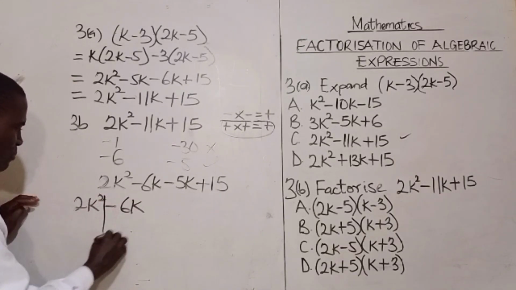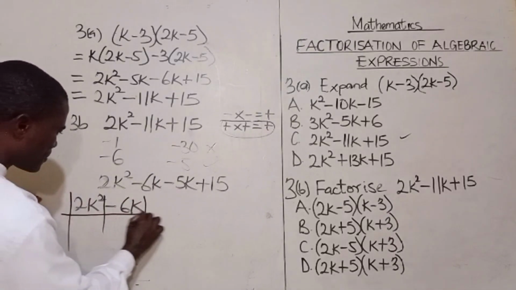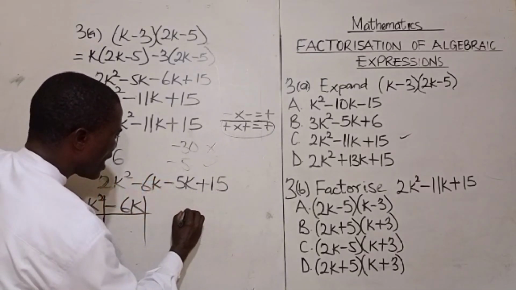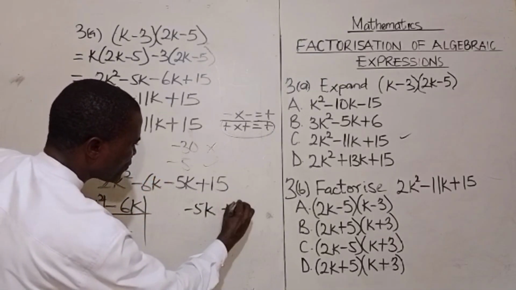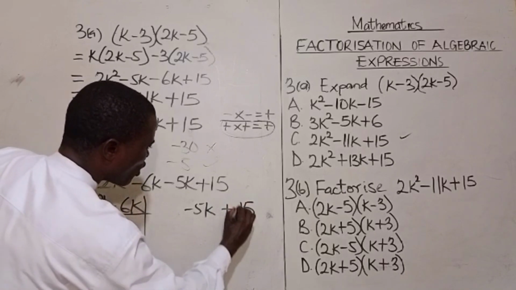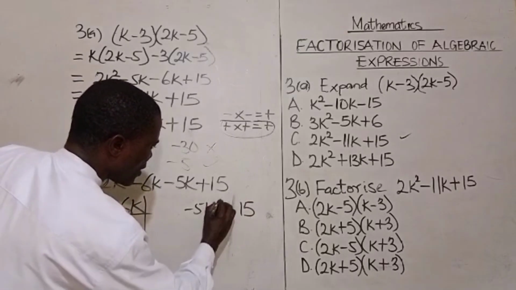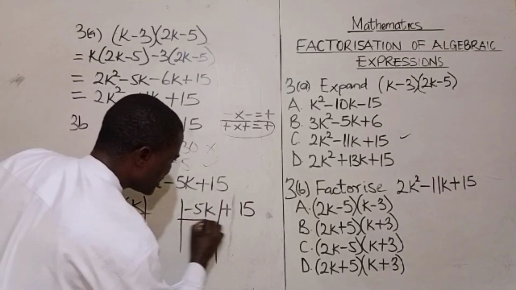This and this will be paired together. Then here we have minus 5k, then plus 15 will also be paired together. We are going to do the pairing this way.